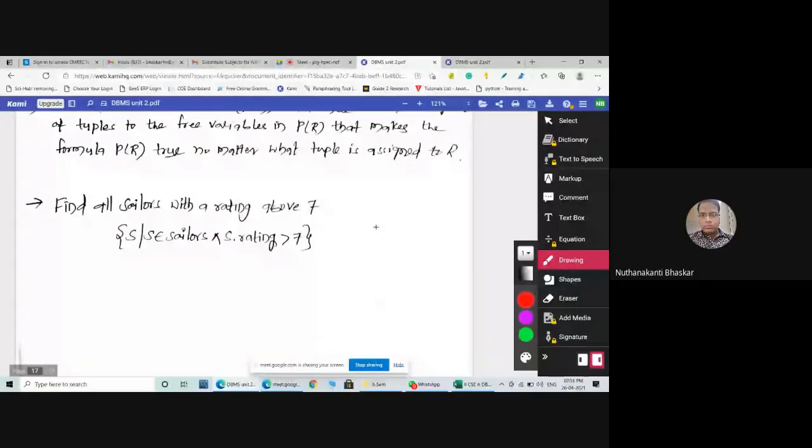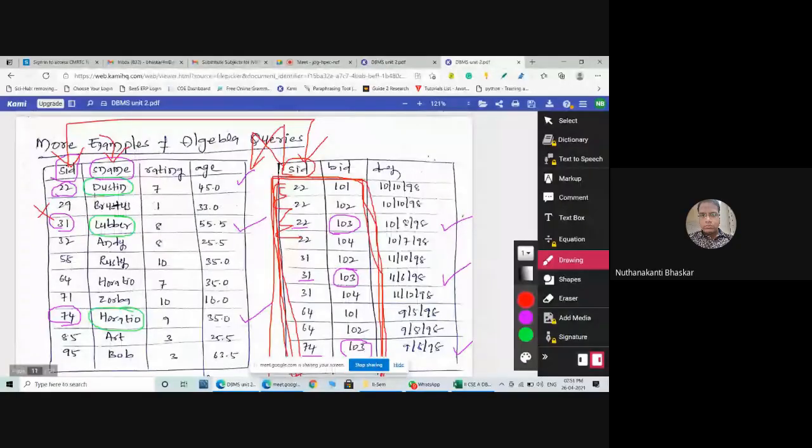Okay. Now, find all sailors with a rating above 7. I have written this question in your book. Find all sailors with a rating above 7. It means we are going to display the sailor names who have a rating above 7.